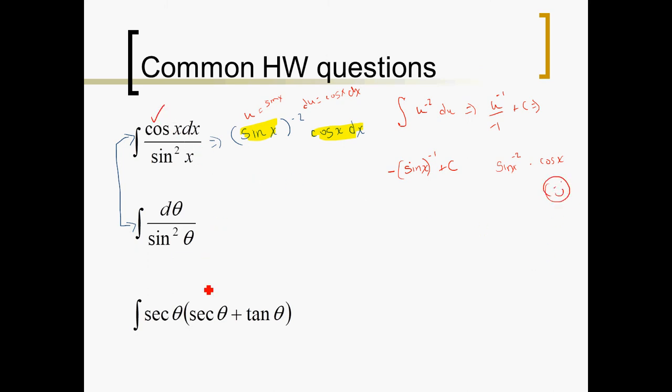Check. This had the exact same denominator, so if you were tempted to say, oh, sine x to the -2, that's my u is equal to sine x, but when you went to take the derivative, which is cosine x dx, it's not there. That means you have to cross that out and try something else.